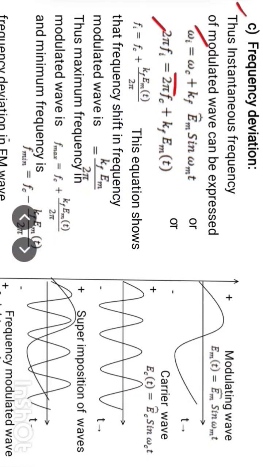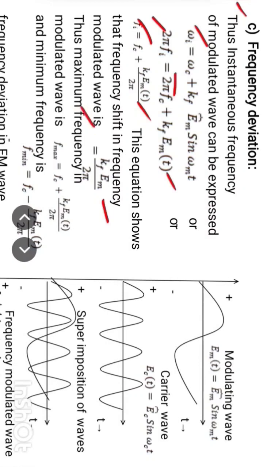Dividing by 2π on both sides, we get f_i = f_c + k_f e_m(t)/2π. This equation shows that frequency shift in frequency modulated wave is equal to k_f E_m/2π, because f_c is the carrier frequency.